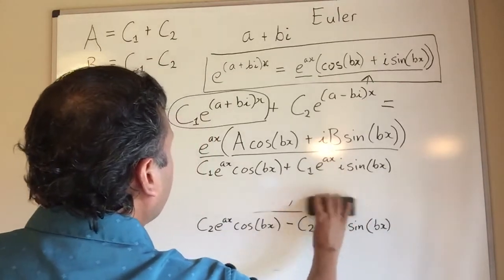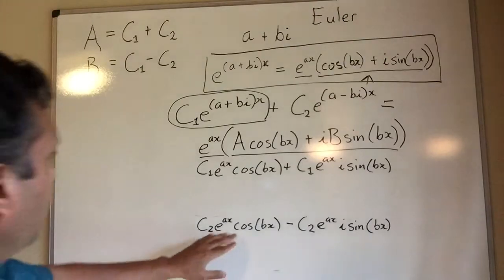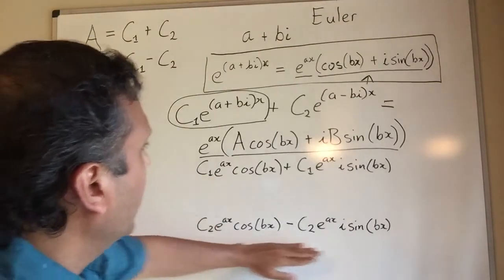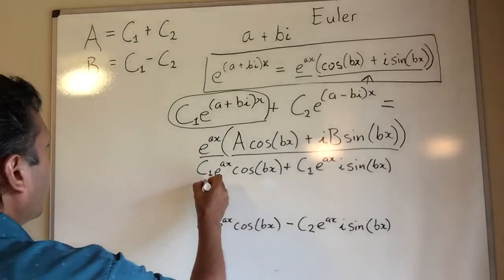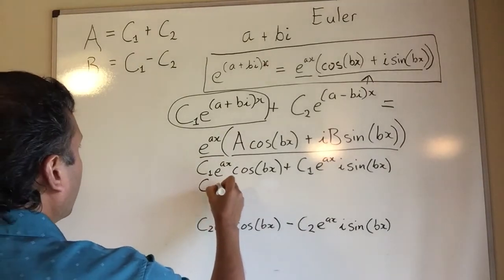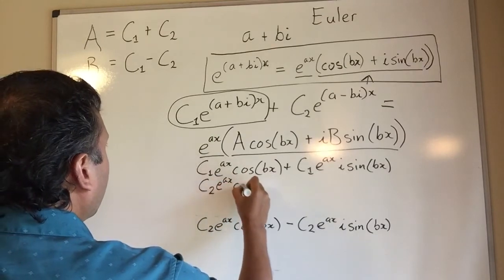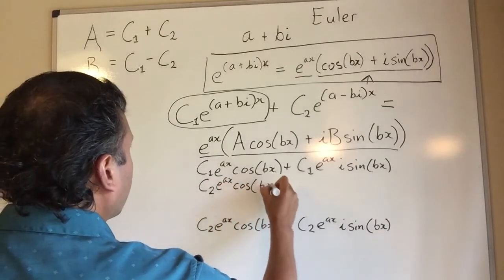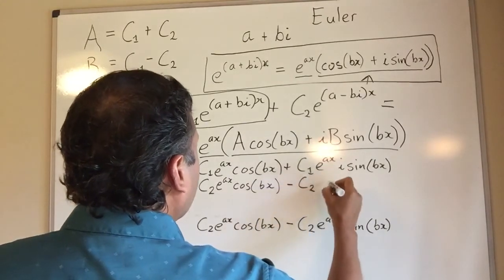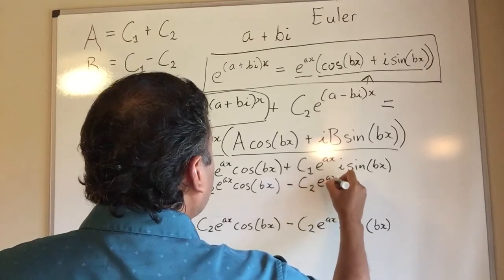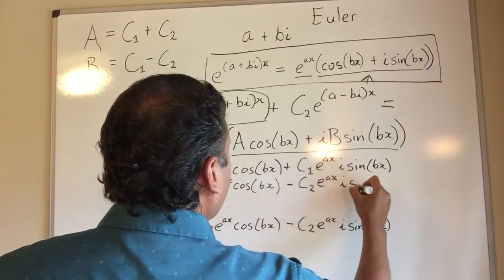Okay. So now I can separate out these terms. Let me just bring this expression up so I can work below. So I'm going to rewrite it. C2 e to the AX cos BX minus C2 e to the AX I sine BX.